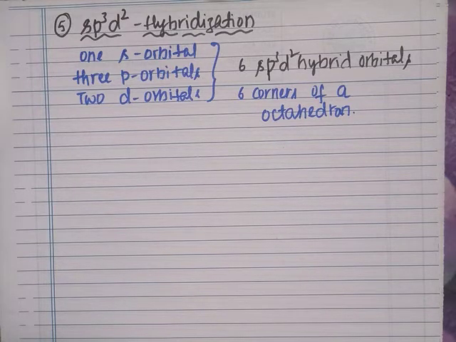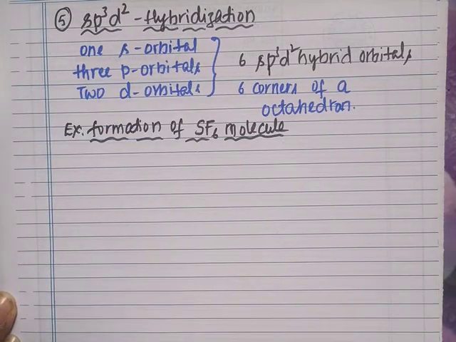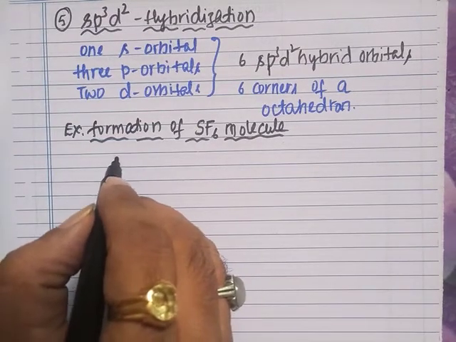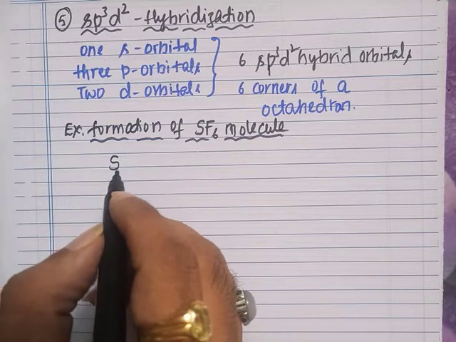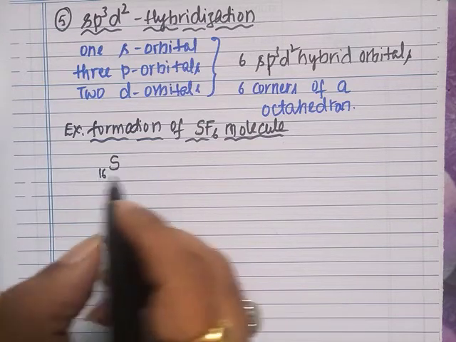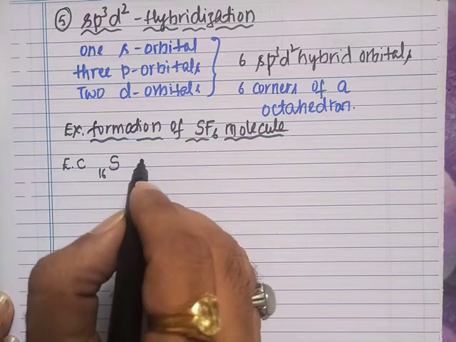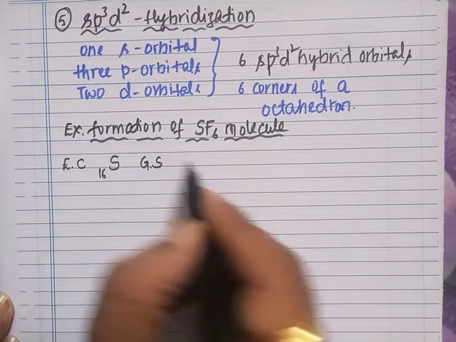By taking the example of the SF6 molecule, let us discuss the formation of the SF6 molecule. The atomic number of sulfur is 16. So let us write the electronic configuration of sulfur in ground state.